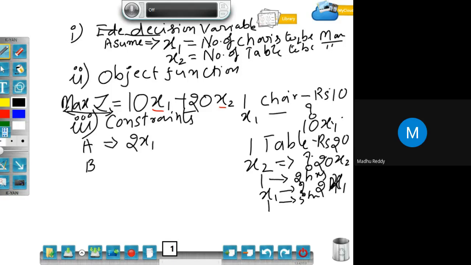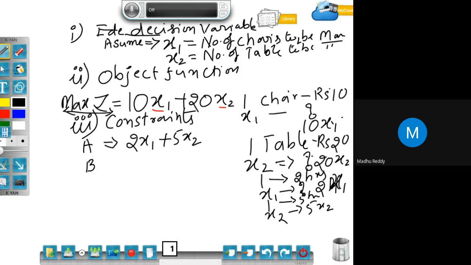The total number of tables we are having is x2, so that is 5x2. On machine A we require 2x1 and 5x2. How do we know?